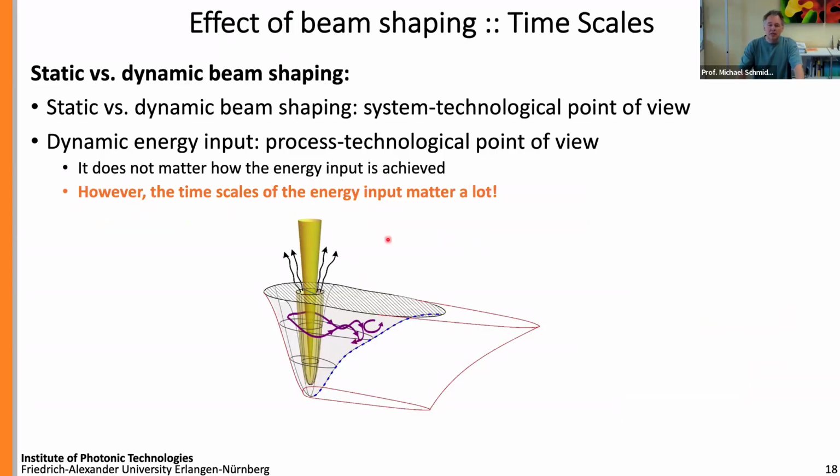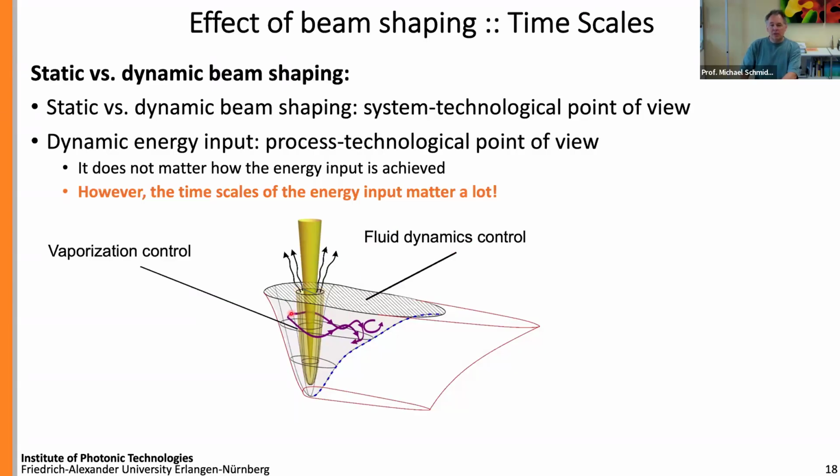I stick with this welding example, with keyhole welding. We have time scales on which we can maybe control the vaporization. The vaporization defines the keyhole, by the way, and the keyhole and its temperature distribution are, together with other things, responsible for the melt flow around it. So this is the next thing to look at, the fluid dynamics, which have a bit slower dynamics.